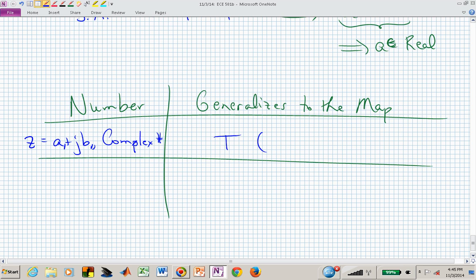Z is now what we were saying A was before. So now I've subscripted these A's. It's A1 plus JB1. That's not the same A as before. Is that okay? So before we had a linear map A. Now just think that linear map is Z. But a lot of times we've used Z for coordinates of a vector.